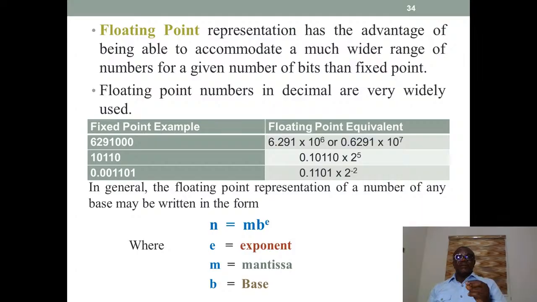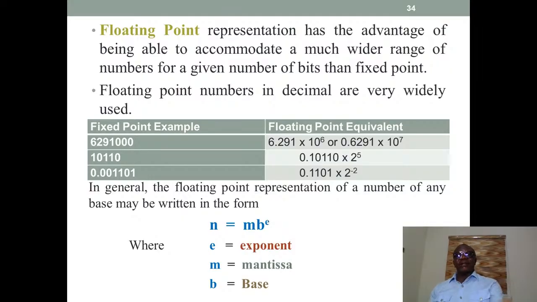So floating point numbers in decimal are very widely used. For instance, you have 6,291,000. The floating point equivalent will be 6.291 times 10 raised to power 6 or 0.6291 times 10 raised to power 7.